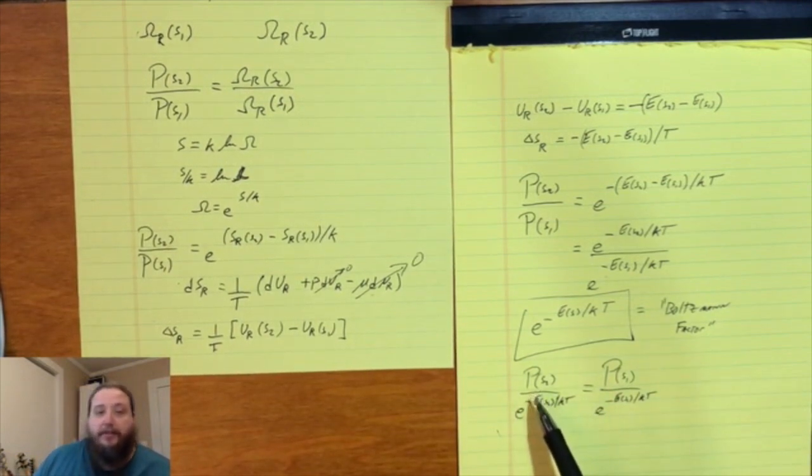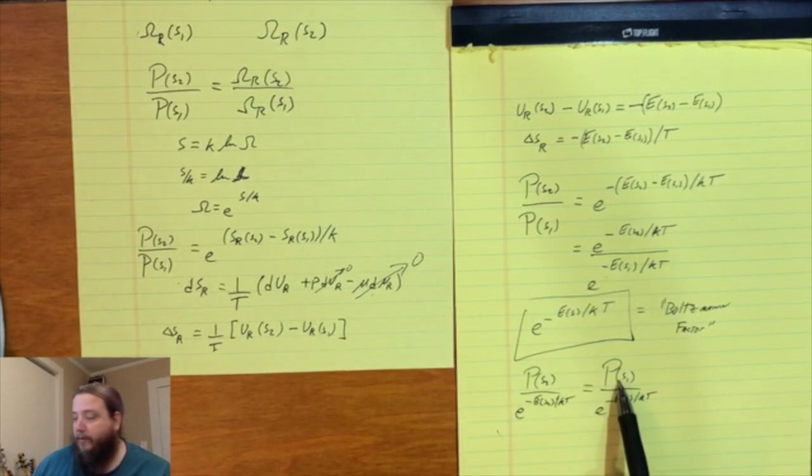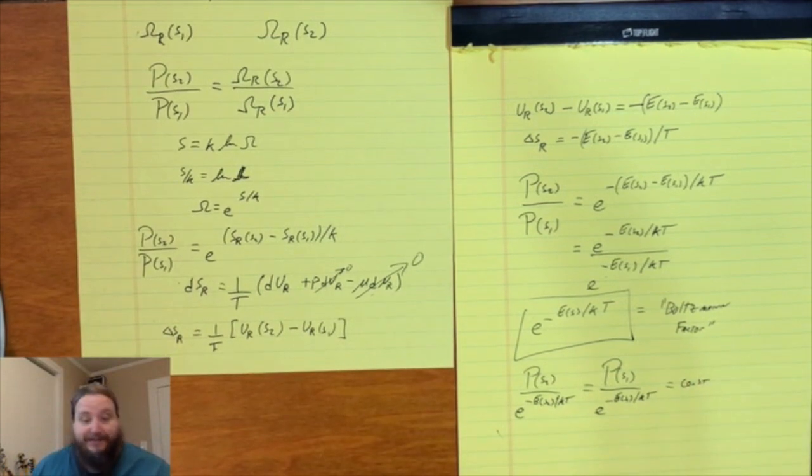And indeed, the labeling of the states is completely arbitrary here. We could label anything state 2 and anything else state 1. This must be true for all states. In other words, this must be some constant.